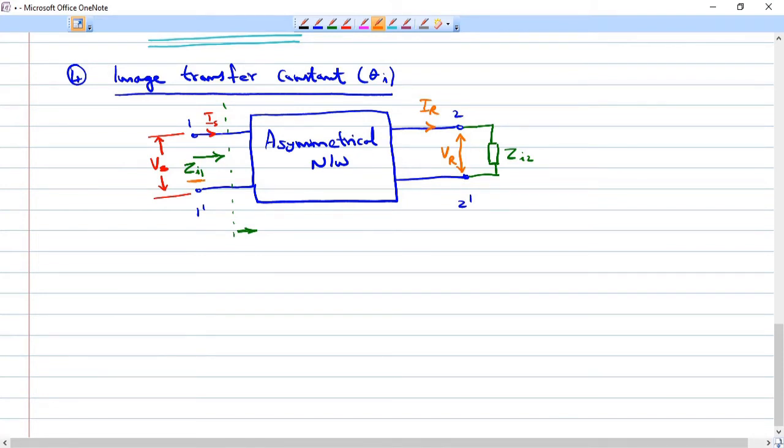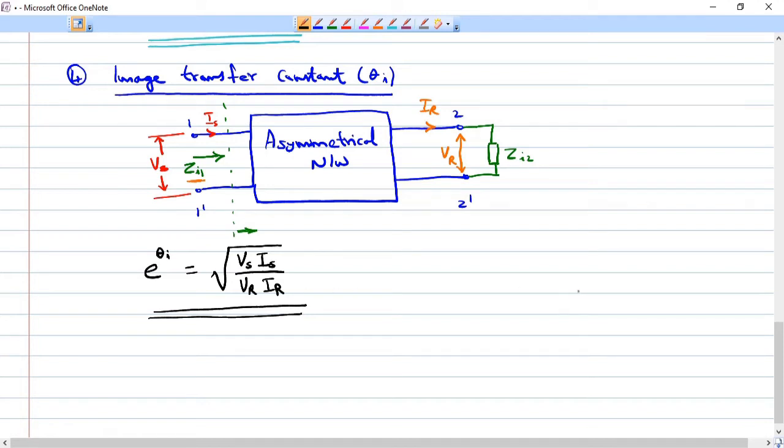So the ratio of Is upon IR will not be equal to Vs upon VR. So we define the image transfer constant e power theta I as the ratio of the powers, that is the ratio of the sending end power, the product of the voltage and current Vs into Is, upon the receiving end power, the product of the receiving end voltage and receiving end current. This is how we define the image transfer constant theta I.